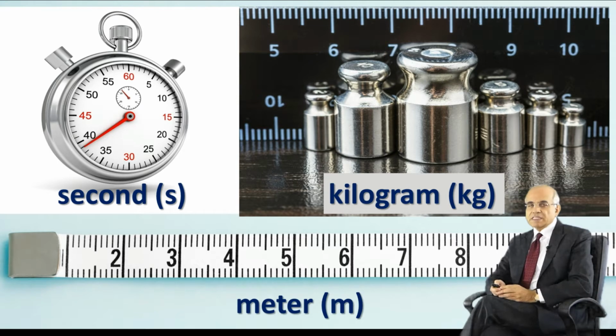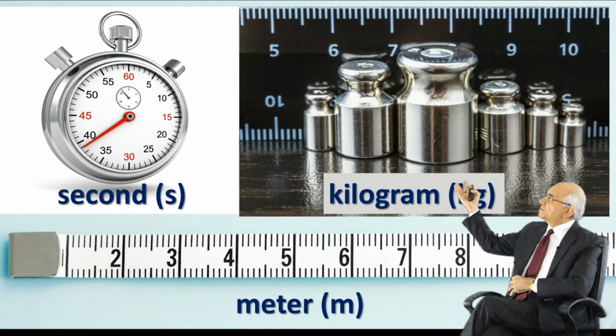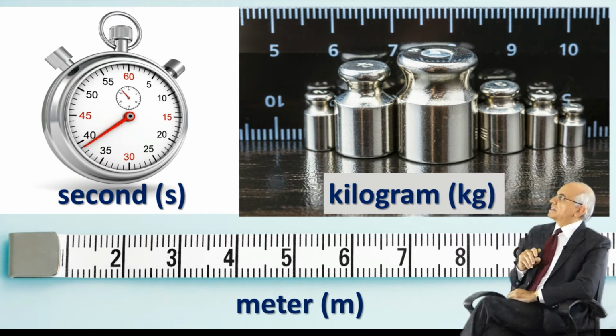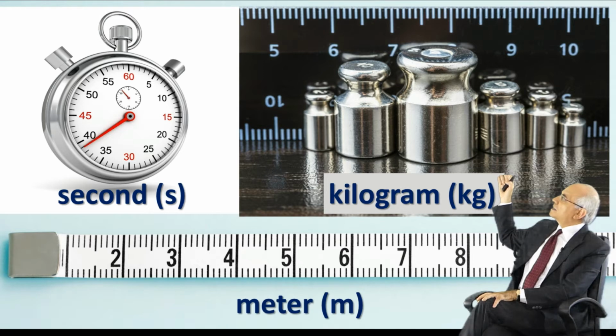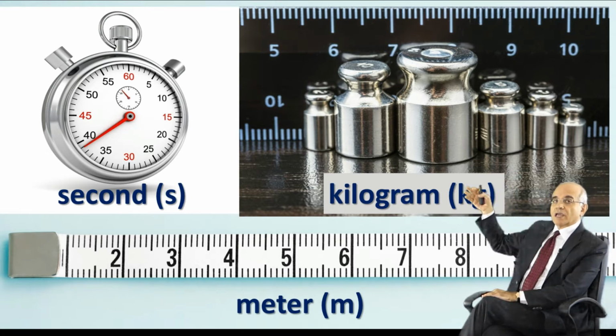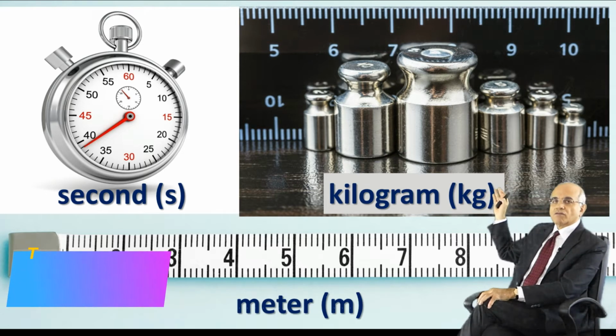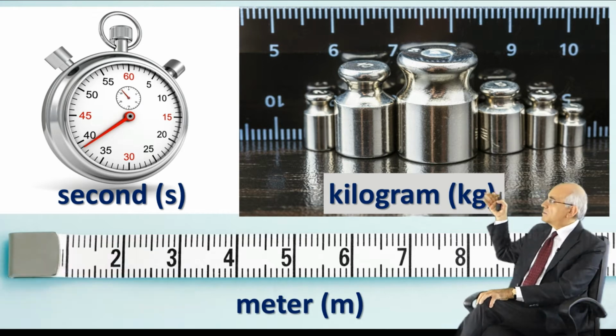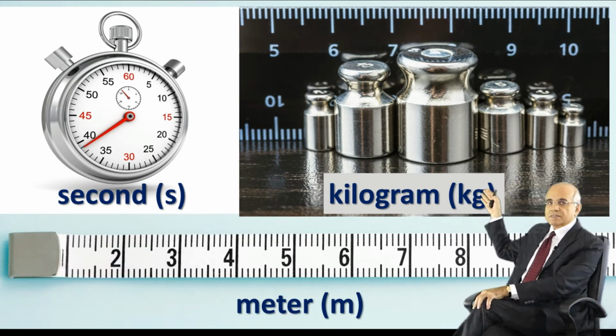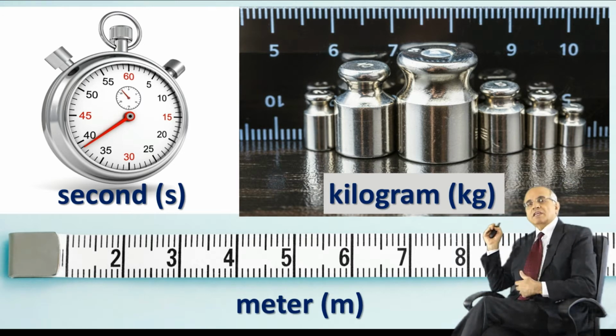The 3 most basic measurements that we rely on in physics are time, and we measure time in seconds; mass, we measure mass in kilograms; and distance, and we use the meter as the basic unit of measuring distance. Okay, so seconds for time, kilograms for mass, and meters for distance. Those are 3 basic measurements.